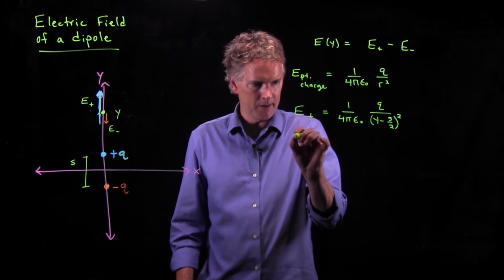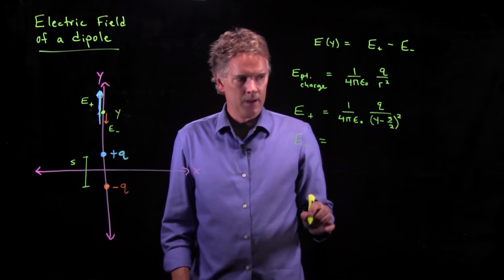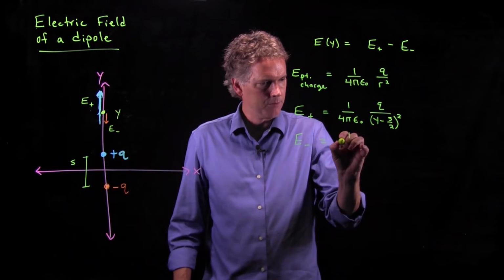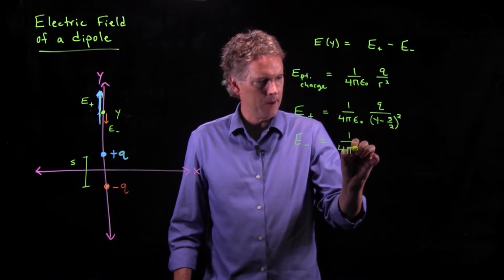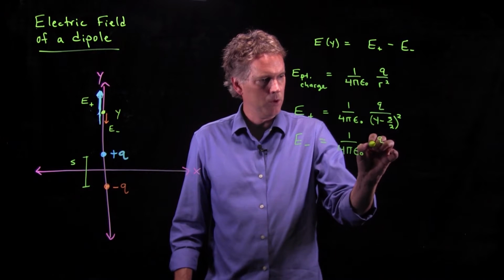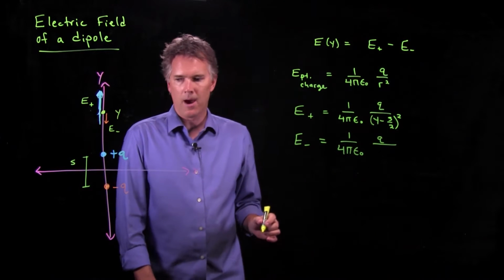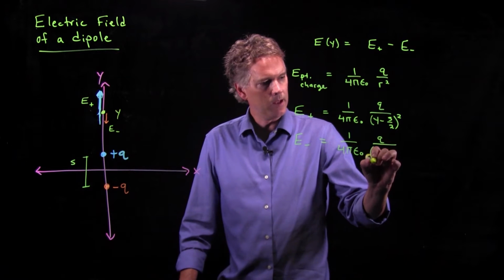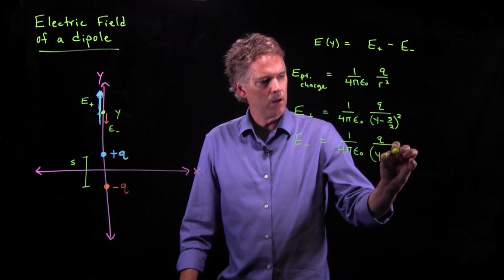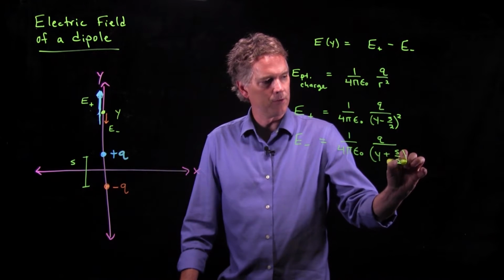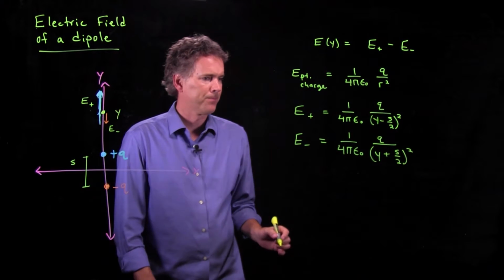All right, what about the negative? The negative is also 1 over 4 pi epsilon naught. We have a q sitting right there. And now in the denominator, we are a little bit further away. Y plus s over 2, quantity squared.